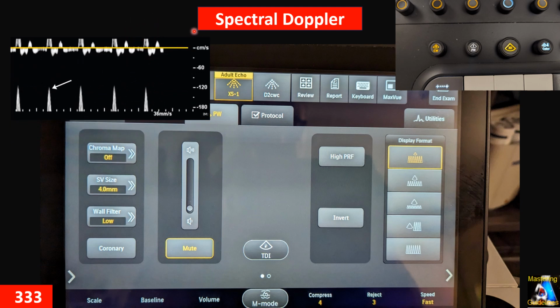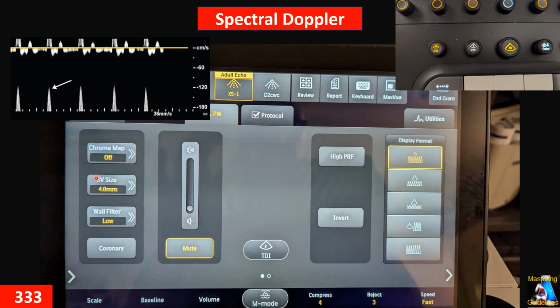The positive here is above the baseline and above the Nyquist limit, so it drops to the other side on negative shift, just with the drawing baseline. And if we still have range ambiguity, then we increase our scale until it shows that cycle of the Doppler completely. That is very important. We have to remember, always focus on that one.